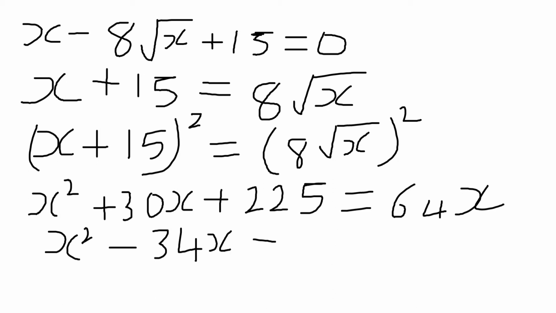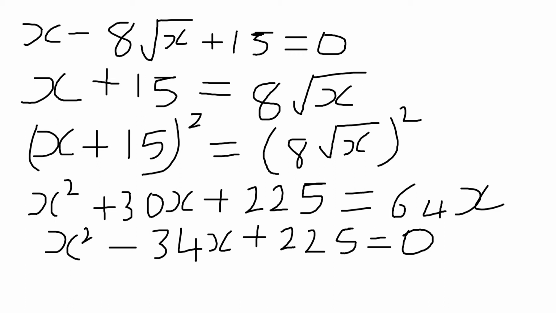So we still have our 225 there, plus 225. So this will just give us 0, because we already subtracted 64x from both sides.